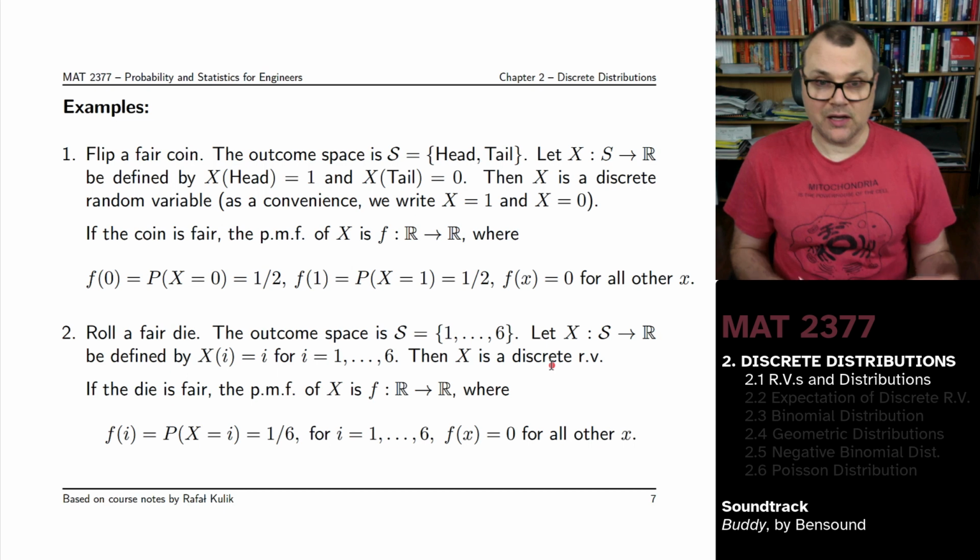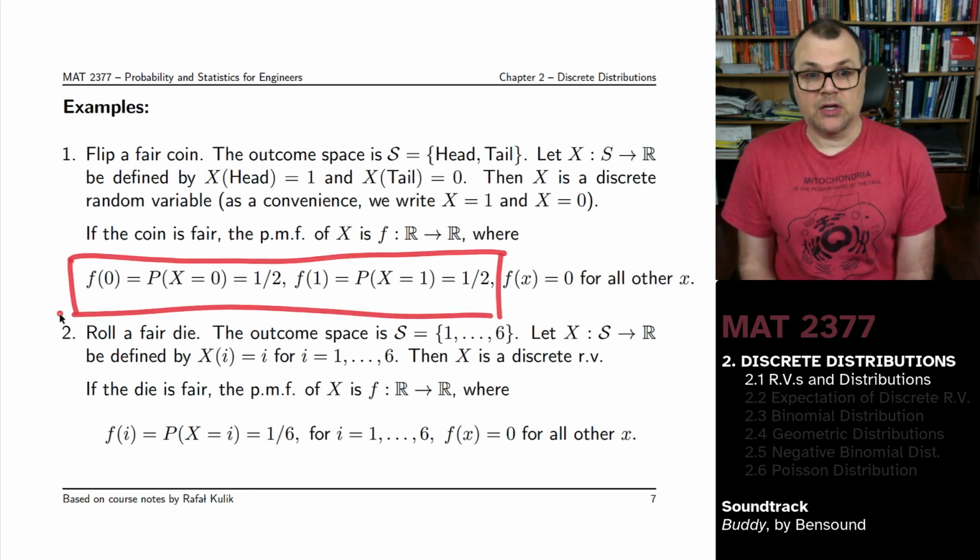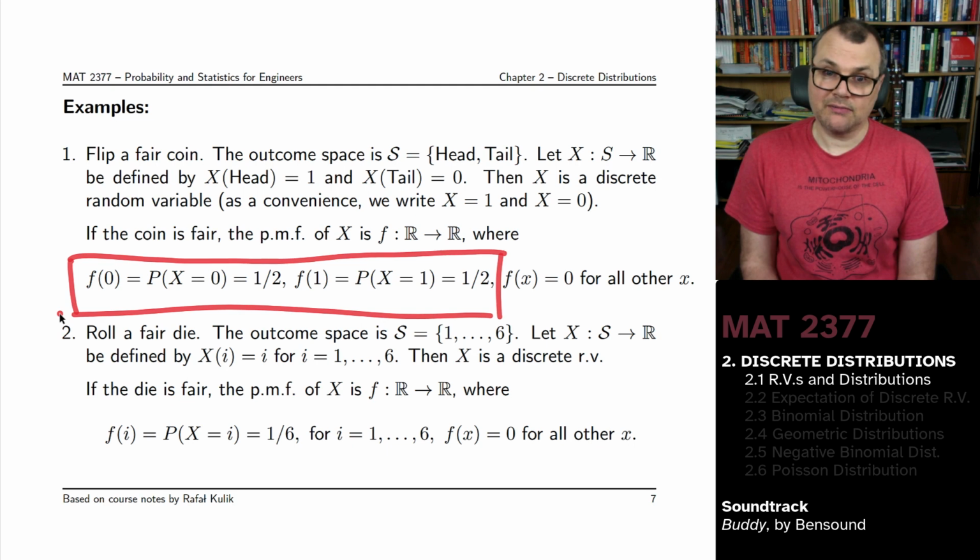What this is saying here is that you have a 50% chance of flipping a tail, X equals 0, a 50% chance of flipping heads, X equals 1, and a 0% chance of flipping any other result.